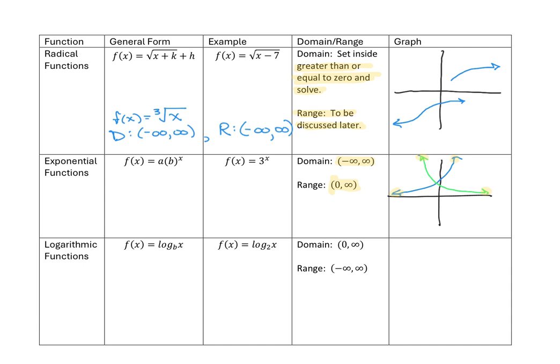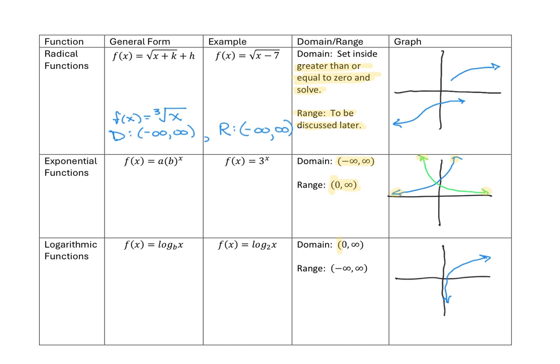The last one we have is logarithms. And logarithms, when we graph them, I'm just going to graph one of them. What we have is kind of the opposite of our exponential. We have a domain of 0 to infinity. Again, this is in parentheses. We get closer and closer to 0, but we never actually touch it.